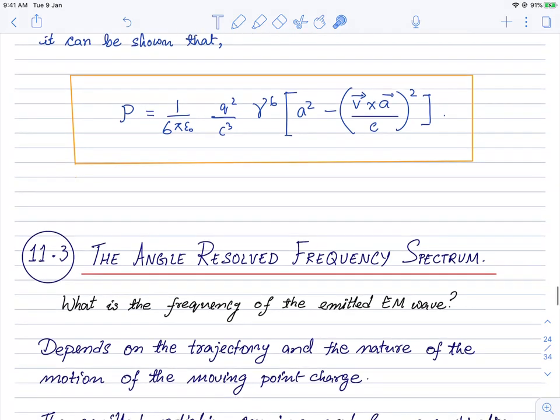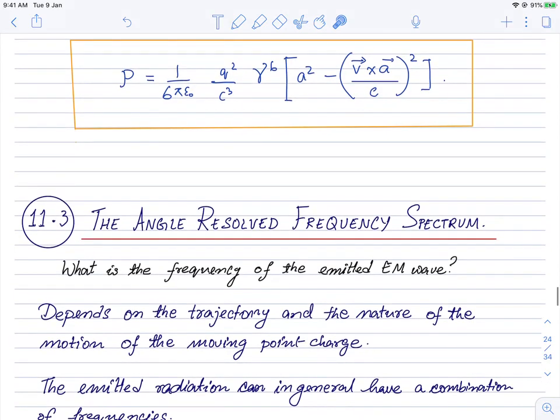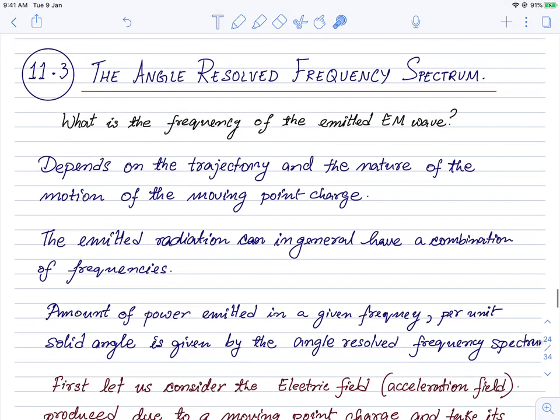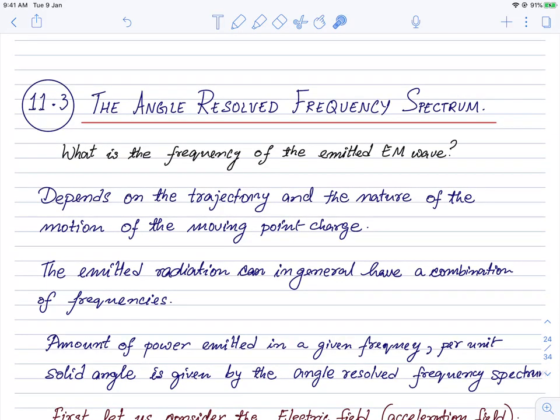Anyway, very good. So this more or less brings us to the end of most of the things that I wanted to say about the moving point charge. But before we terminate, there are two other things that I want to discuss, particularly relevant for the point charge. The first thing: let's say a point charge is moving and decelerating along a given direction, with velocity in this direction. It is decelerating, and it is giving Bremsstrahlung.